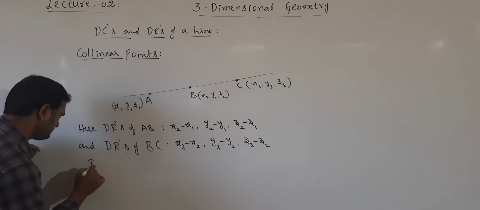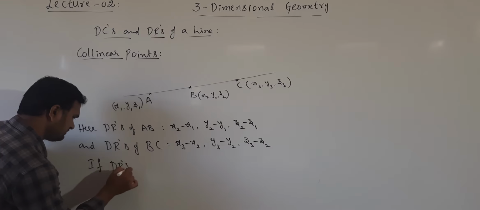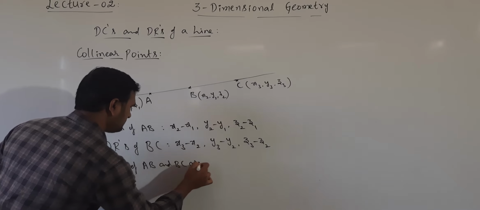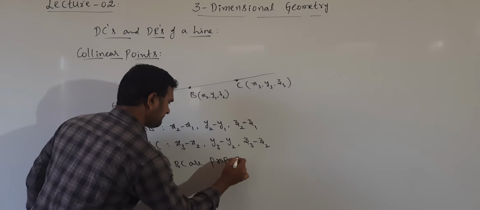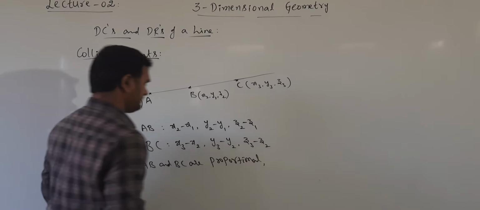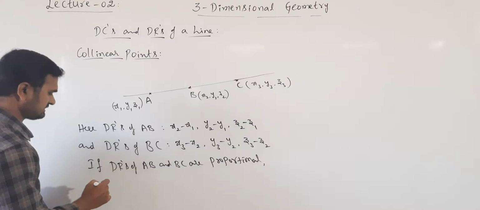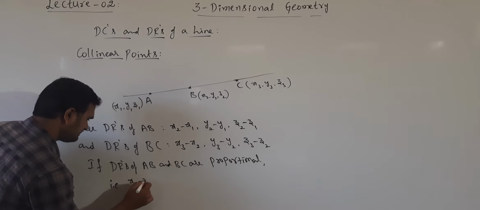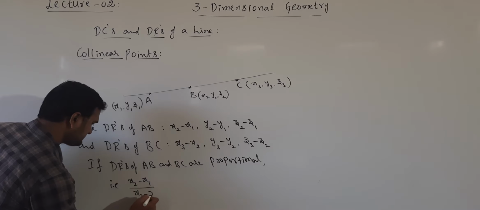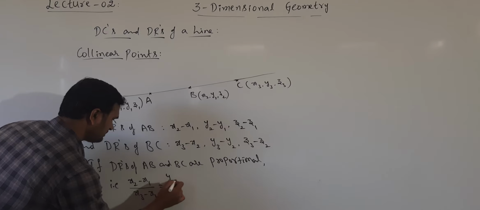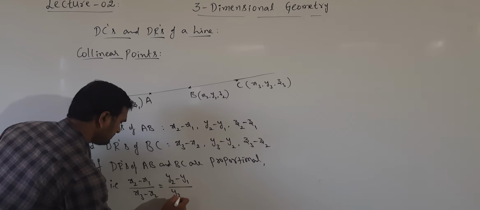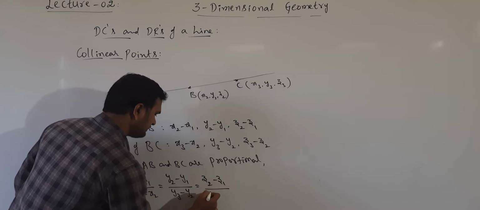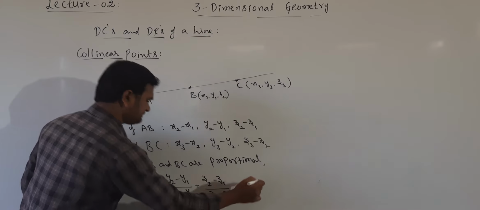So if DRs of AB and BC are proportional, that is, proportional means x2 minus x1 divided by x3 minus x2 is equal to y2 minus y1 divided by y3 minus y2 is equal to z2 minus z1 divided by z3 minus z2.